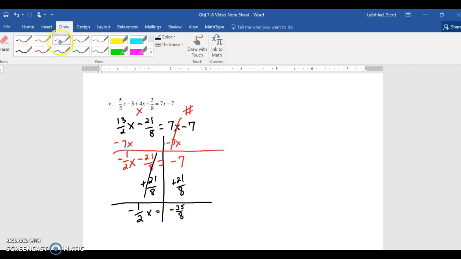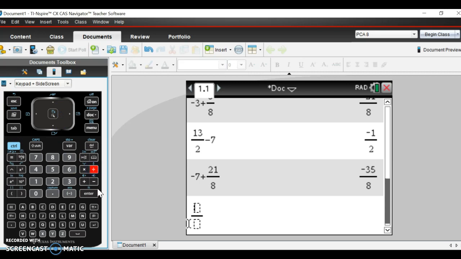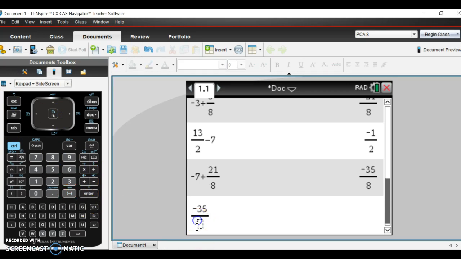So now we have the x term. We always divide by the one with the x term. And we're going to find out what x equals. Now this is where the calculator really comes in handy, because we can do the fraction that we saw, negative 35/8, and then make sure you're off to the side with your cursor.